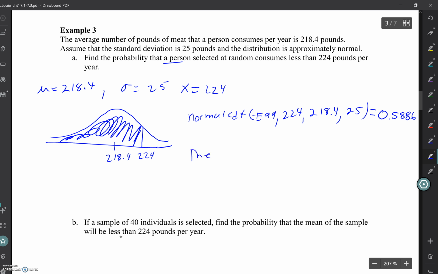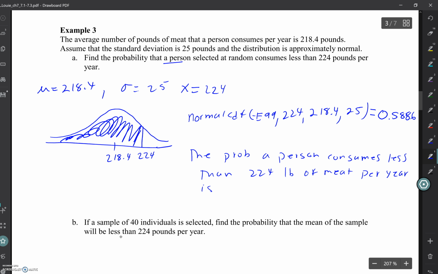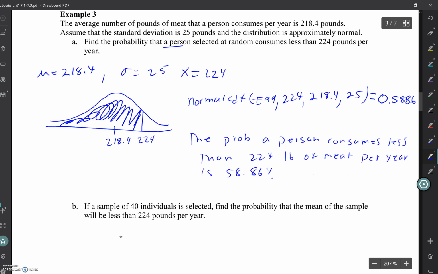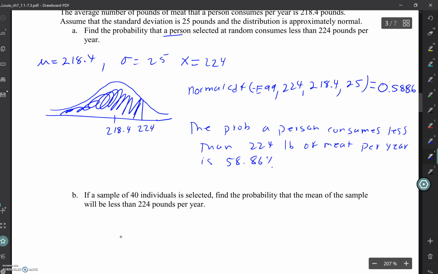So the probability a person consumes less than 224 pounds of meat per year is 58.86%. Questions on that?